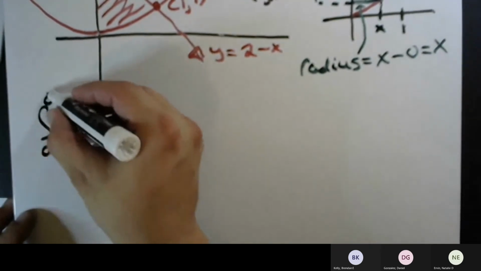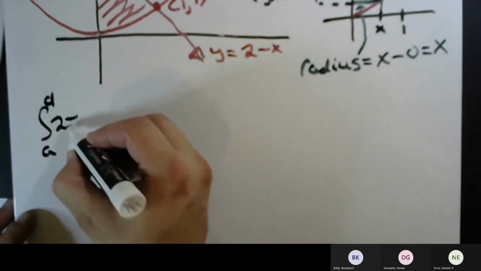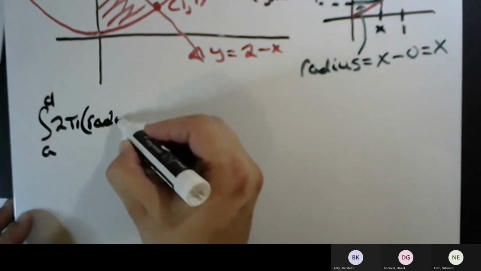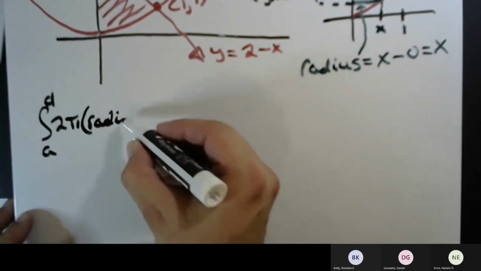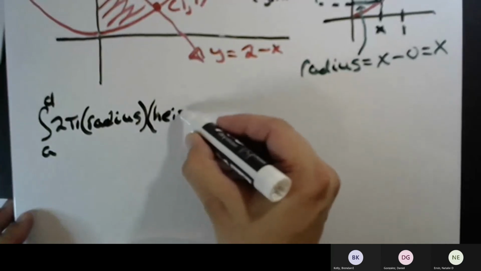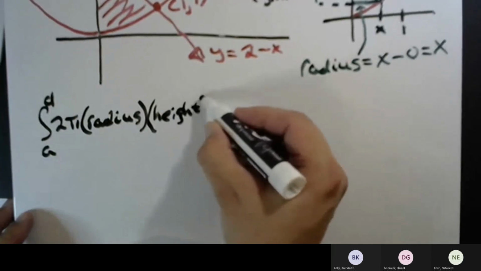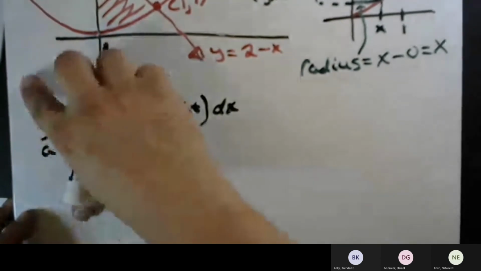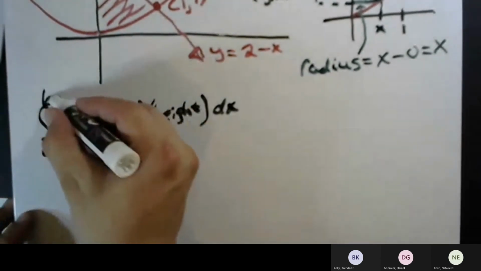So it'll be a to b, 2 pi, radius, height, dx.